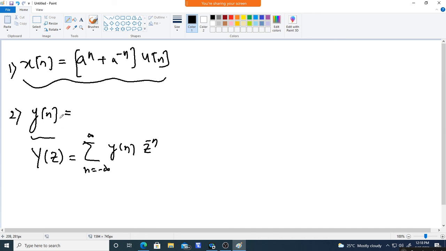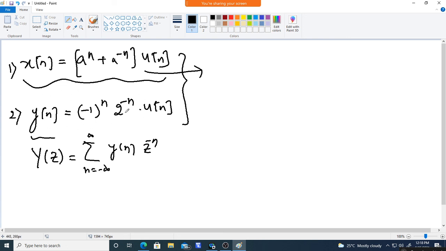So y of n will be equal to minus 1 power n into 2 power minus n into u of n. These are the two problems which are asked in the exam. You can try to solve this. I'll try to solve the first one, you try this at home.